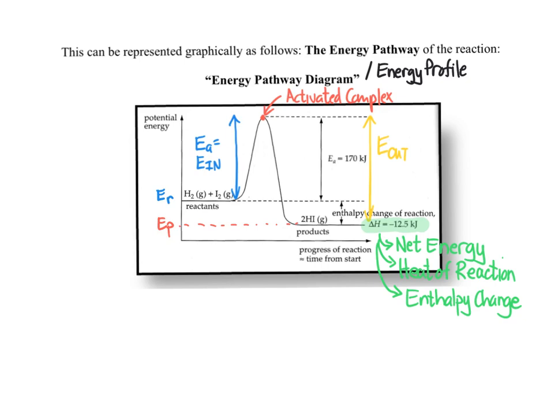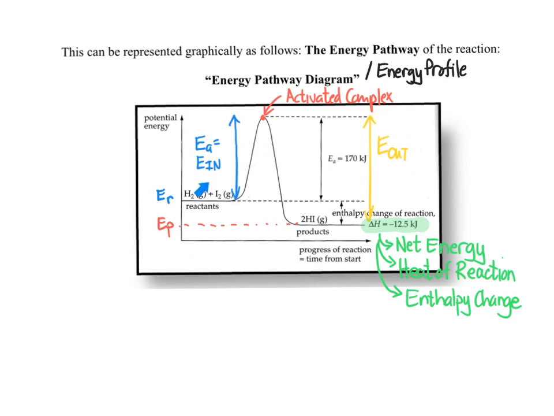It consists of a vertical axis, which is the potential energy of the substances that we are looking at in the reaction. The horizontal axis is the progress of the reaction, or the time from the start.